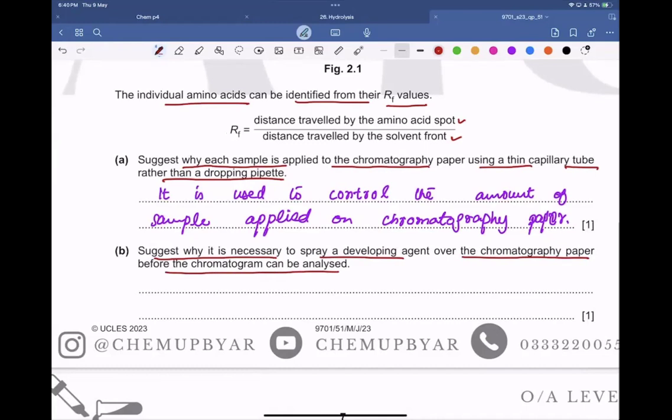Whenever we are spraying a locating agent or a developing agent, it makes the amino acid spots visible.